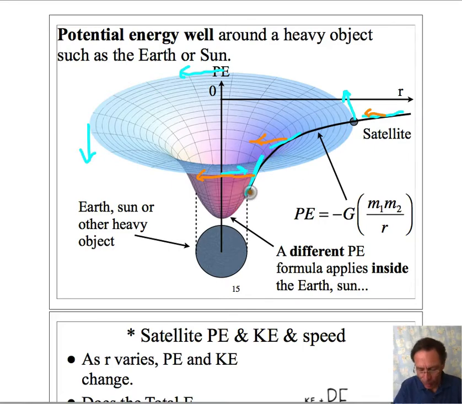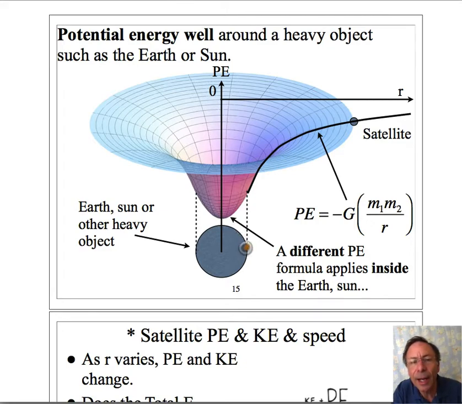Now, this curve here stops at this place because let's say this was the Earth. When you get to this place right here, you're now at the surface of the Earth, and once you start going underground, now you're just considering the mass.